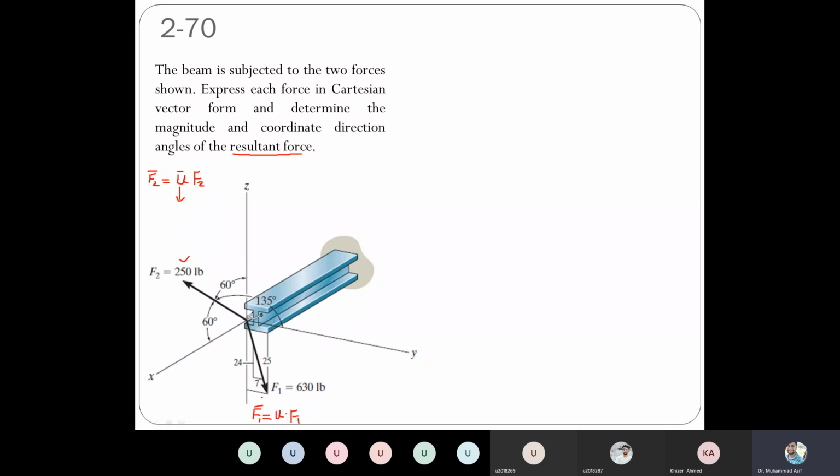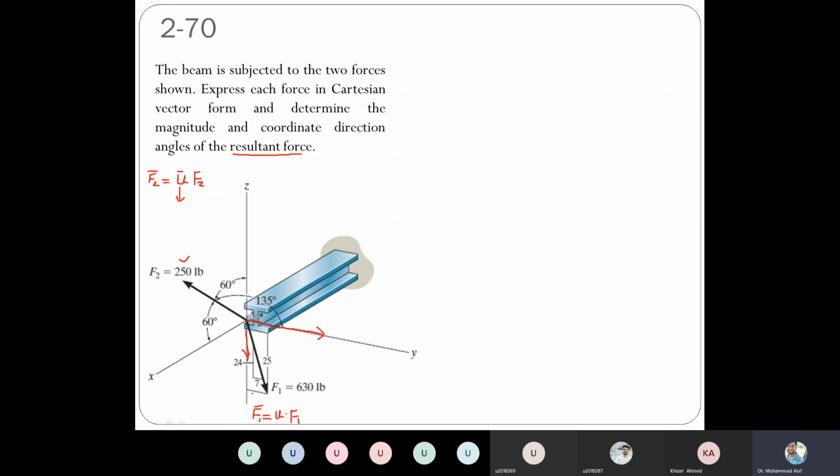Since the angle is not given, in that case, this force will have how many components? 3 components. No, it will have 2 components. One component will be along the y-axis, and one component will be along the z direction, because there is no angle or dimension given along the x-axis.